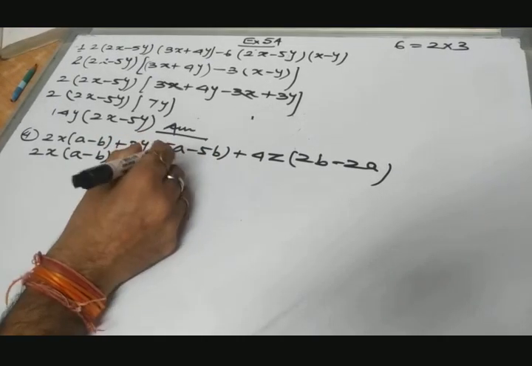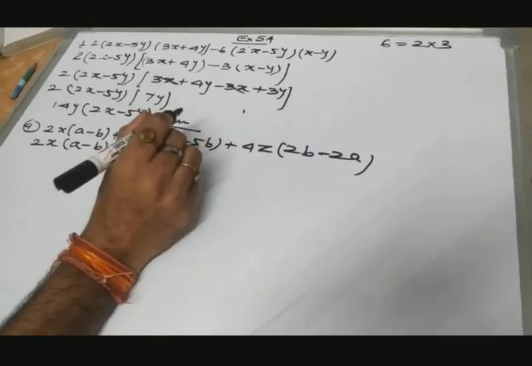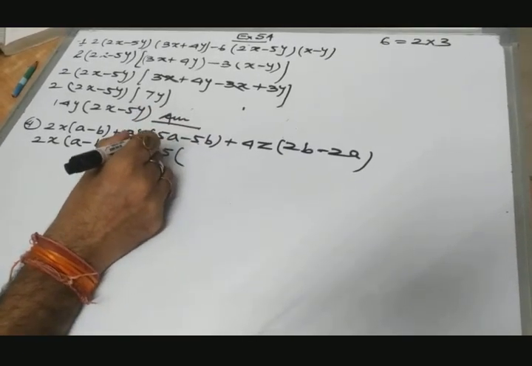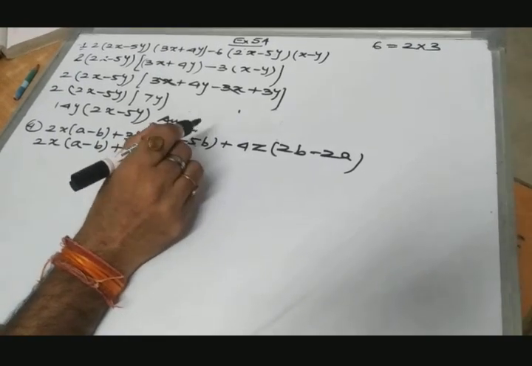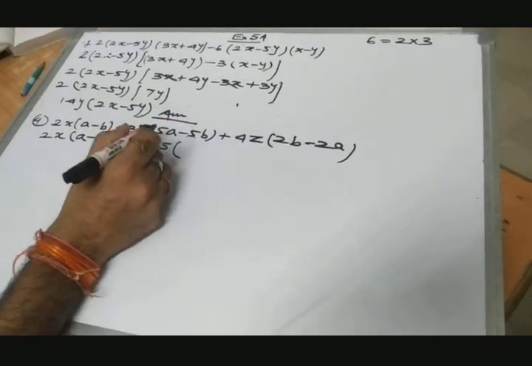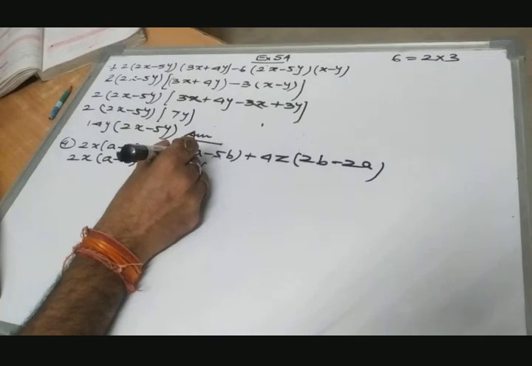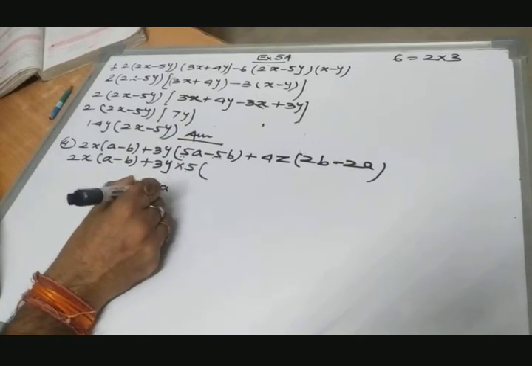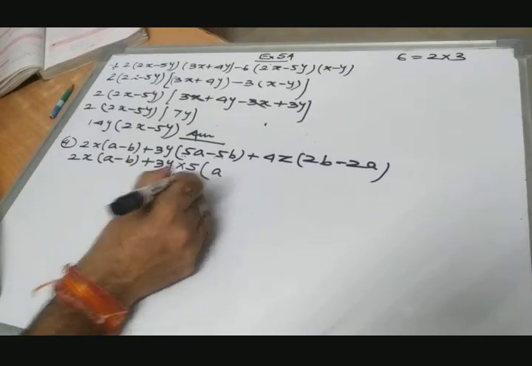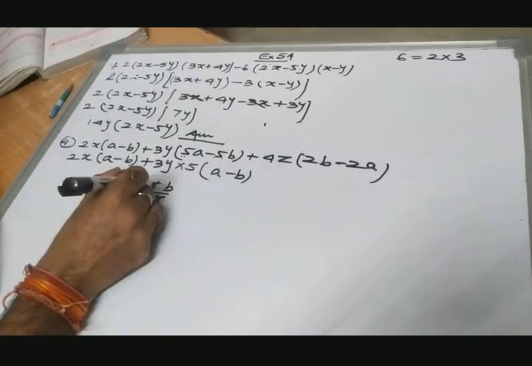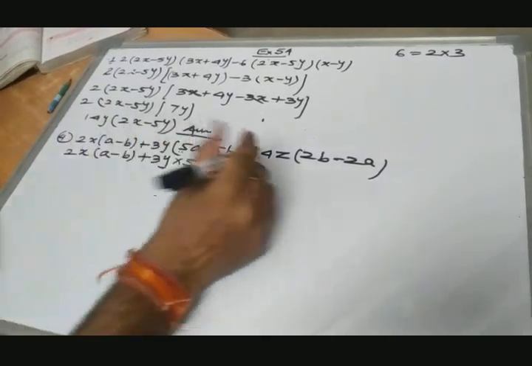Both terms contain 5, so 5 is taken as the common because it is the same in each term. A has the coefficient 5, B also has the coefficient 5, so 5 is taken as the common. When we divide 5a by 5, it converts into a. Similarly, 5b divided by 5 converts into b.